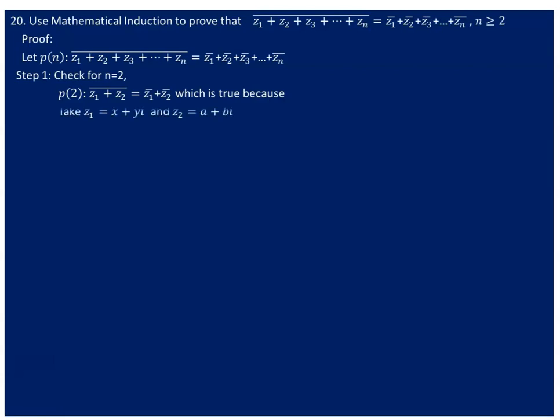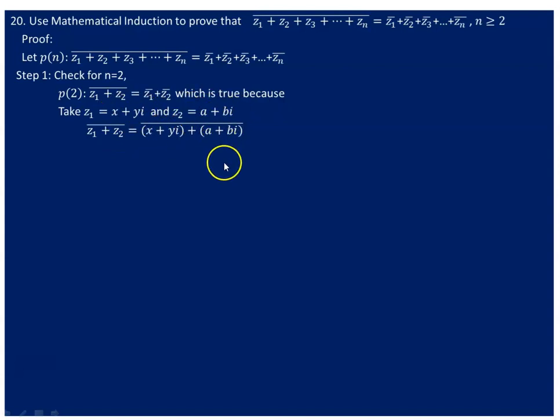Look here. What we can do is call z1 to be x plus yi and z2 to be a plus bi, just arbitrary 2 complex numbers written in this form. Then z1 plus z2 bar is going to be x plus yi plus a plus bi, directly taken from these assumed expressions.